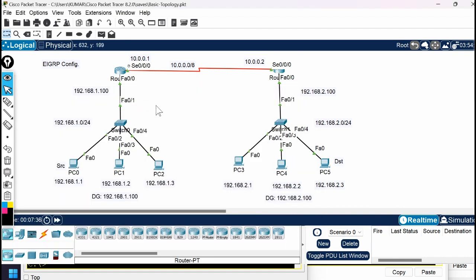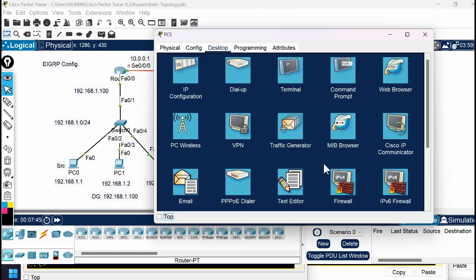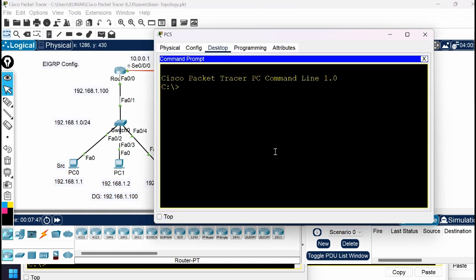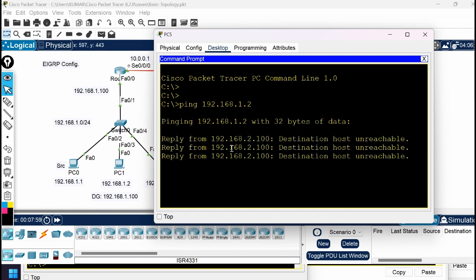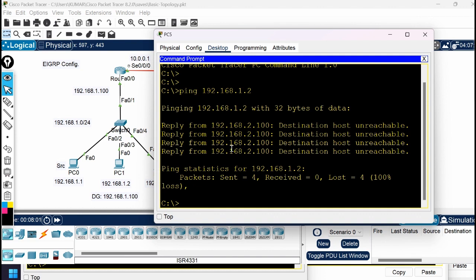Similarly, you have PC5, you go ahead and try to communicate with any of the PCs in the other LAN. I will go to this command prompt and ping 192.168.1.2, which is PC1.